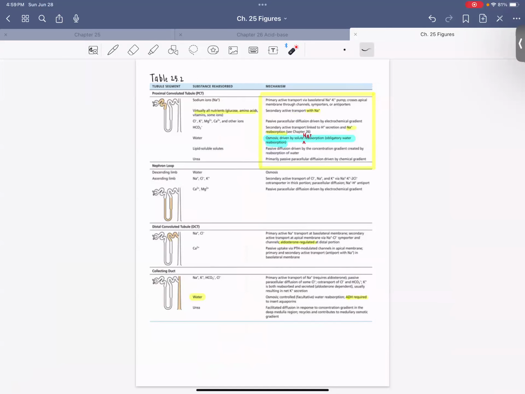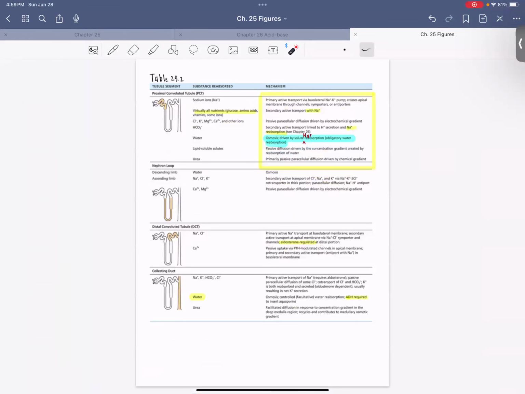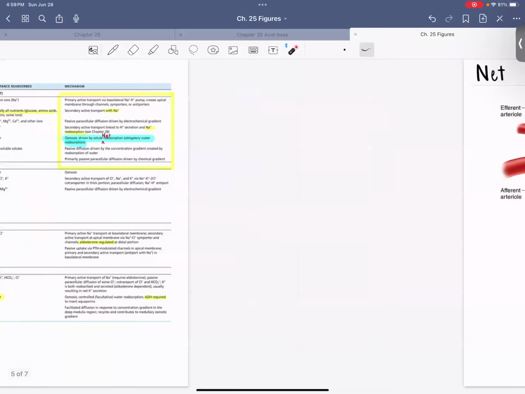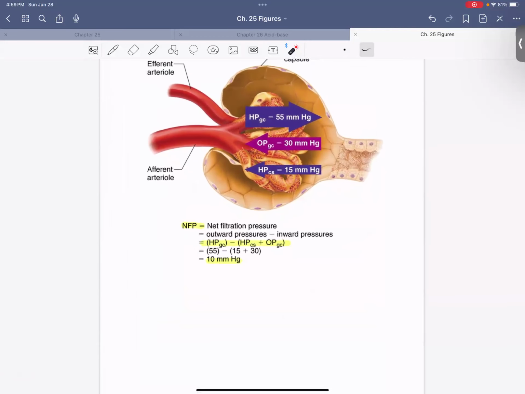Table 25.2 shows which substances are reabsorbed from different segments or regions of the tubule and the mechanism by which they're reabsorbed, which you don't necessarily need to know, but if asked, you can refer to this table. The net filtration pressure is the next concept.